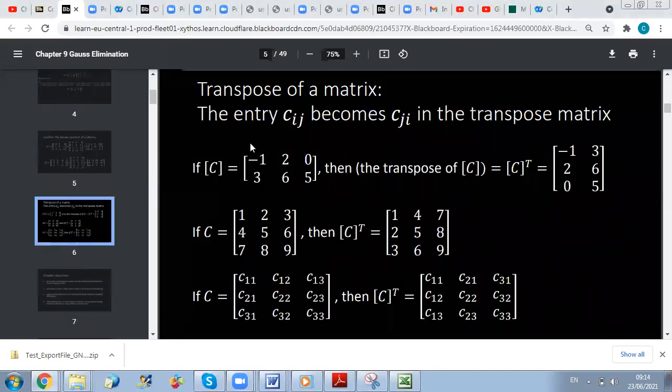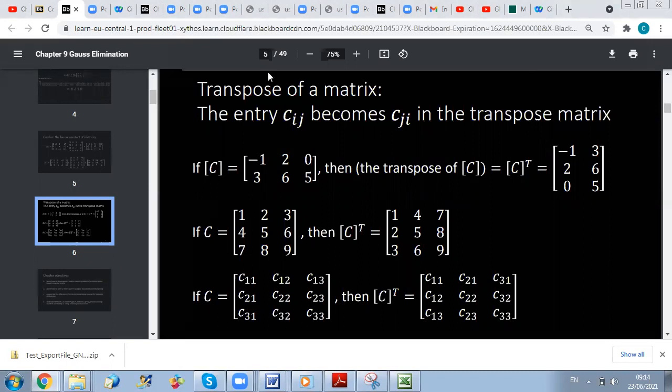Now, another important property in matrices is how to find the transpose of a matrix. In general, we define the transpose of a matrix as the matrix in which we transform rows into columns.